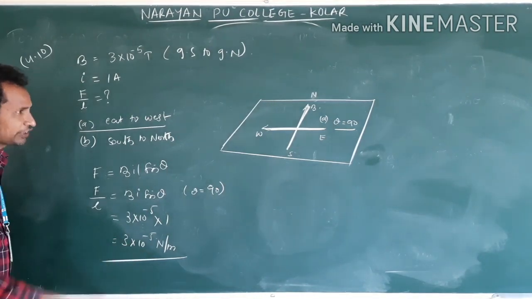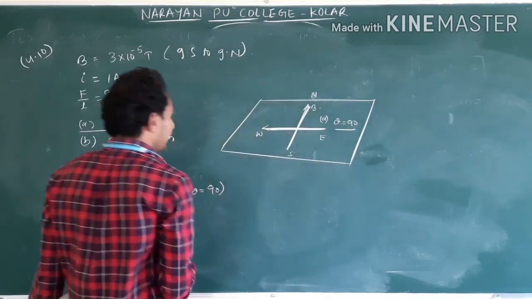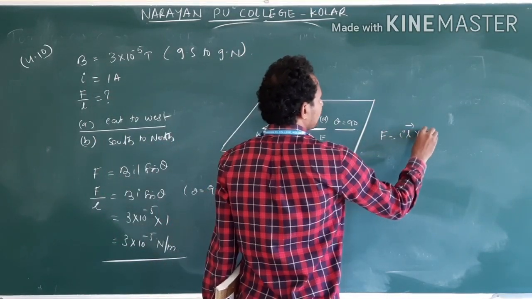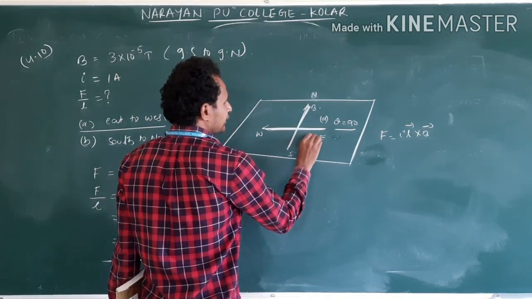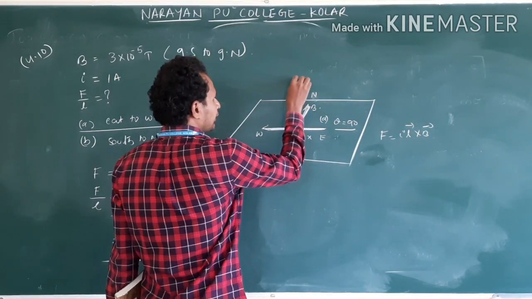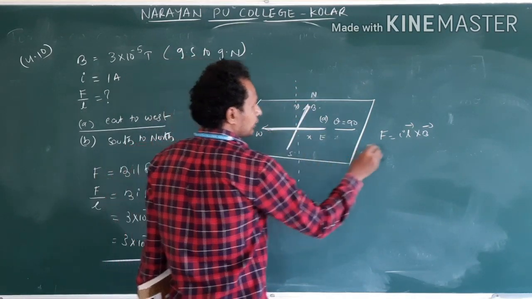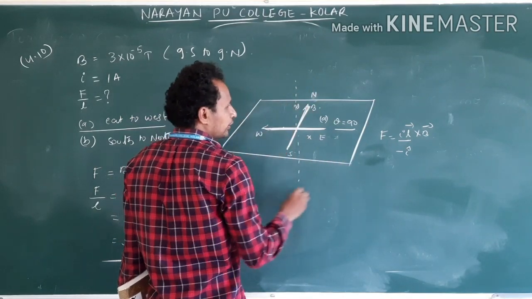Now we got the magnitude and they asked for the direction. How do we decide direction? Same concept. F is equal to IL cross B. If you take this as the x direction and this as the y direction, then this will be the k direction. The current IL is acting in the minus i cap direction. In this direction it is moving.